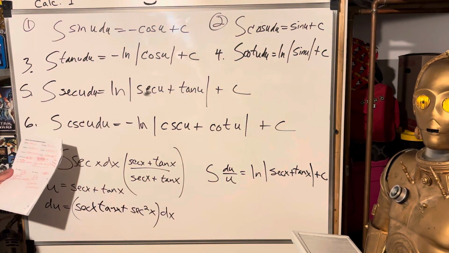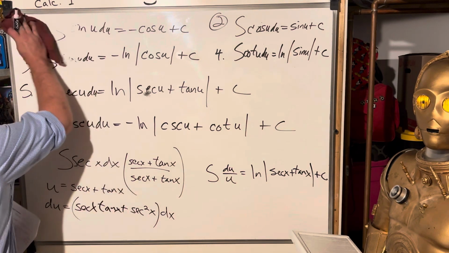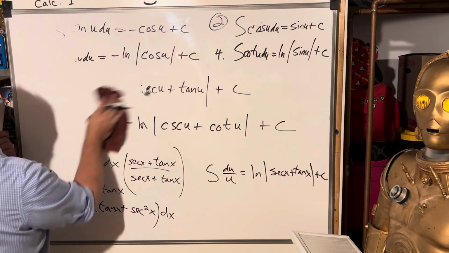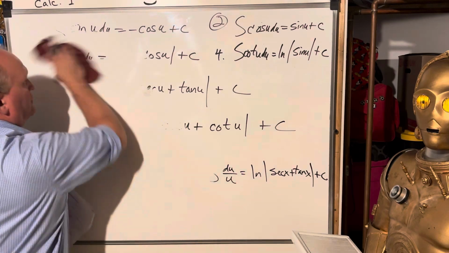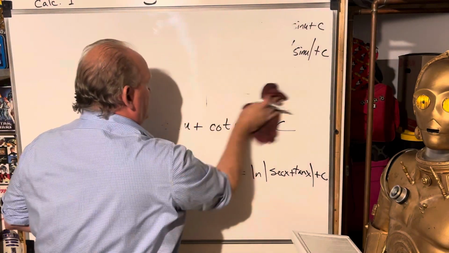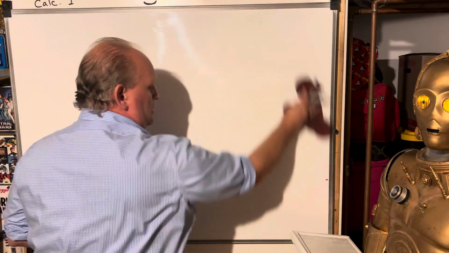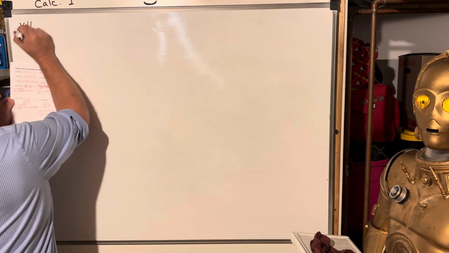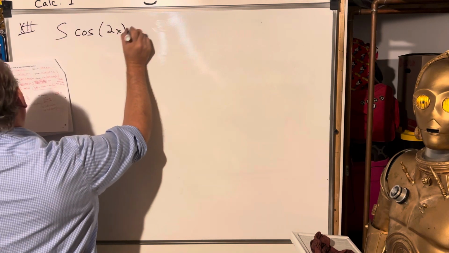All right, let's look at 12 and 13. And 14 and 15, we're not too worried about those either. We'll do this quick. Faster. So 12, cosecant of 2x dx.